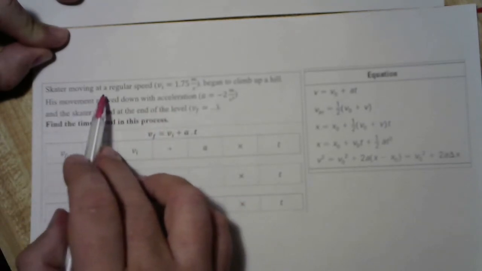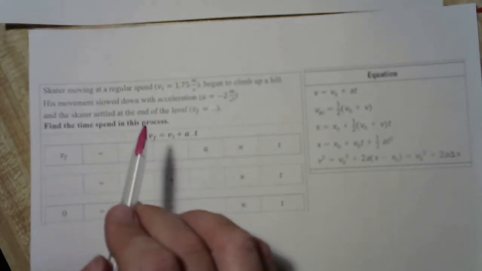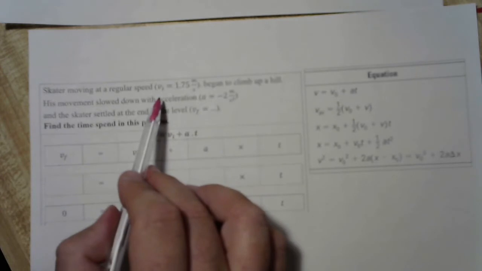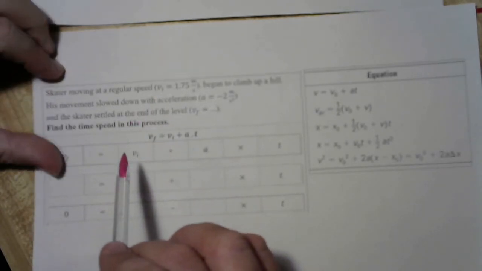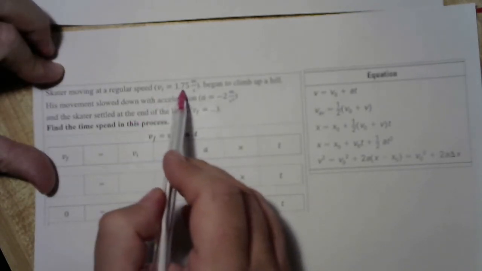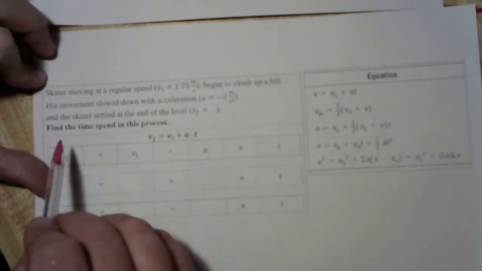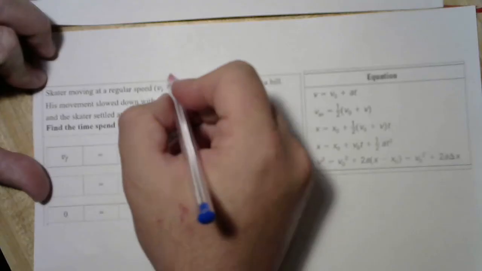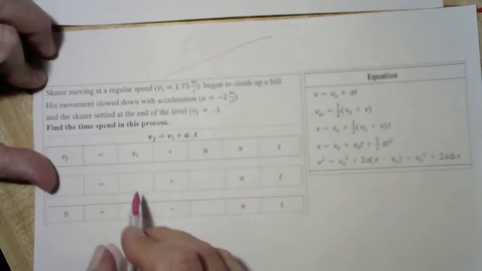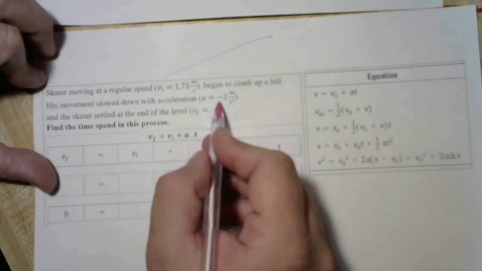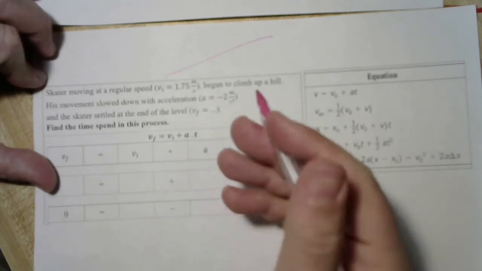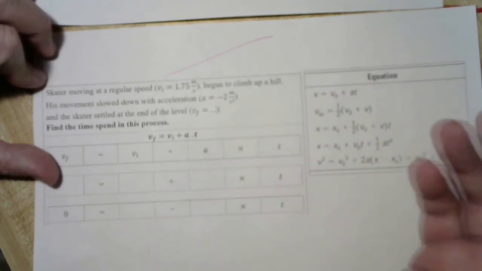We have a scooter moving at a regular speed, V initial is equal to 1.75. It began to climb up a hill. His movement slowed down because he is moving upward, with acceleration -2. Minus means that he is decelerating.